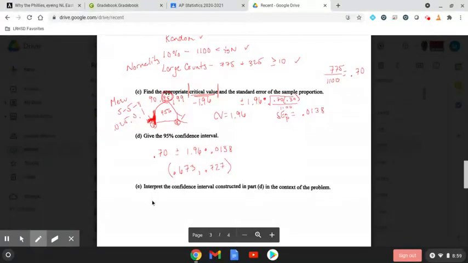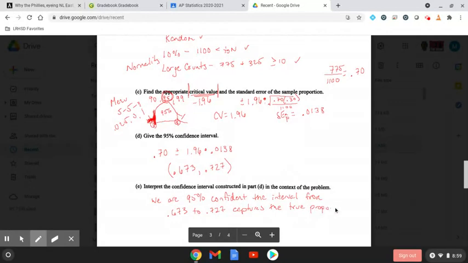So that means that we are 95% confident. You got the reflex? The interval that we just found, the interval from 0.673 to 0.727 captures, contains, I like both those words, captures the true proportion.